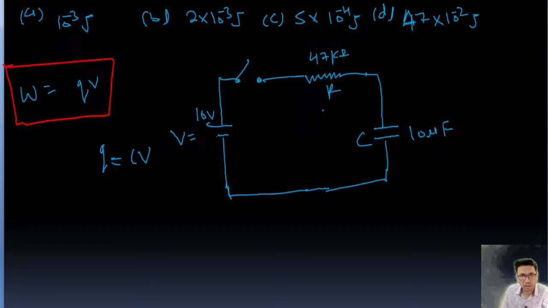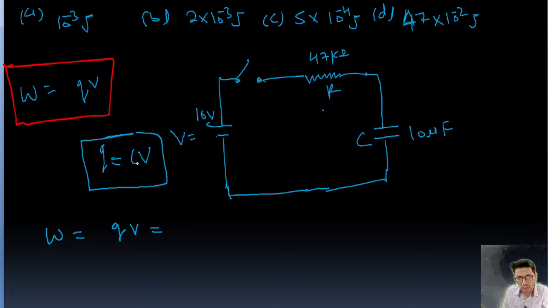These two formulas you should know. So W is QV, and in place of Q we write CV into V. So W is going to be CV square.